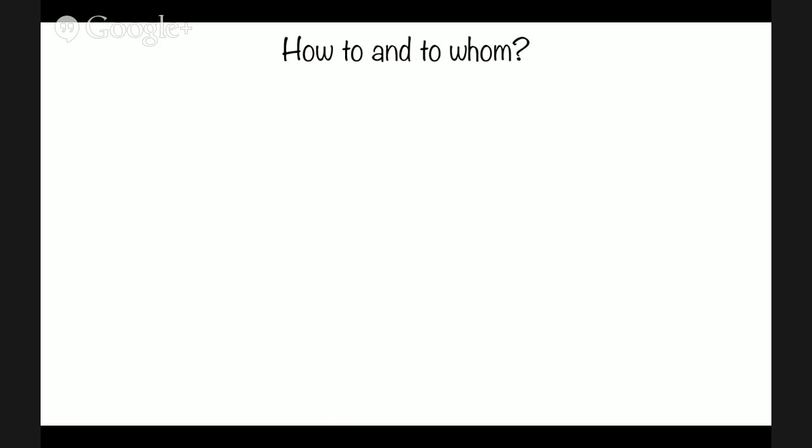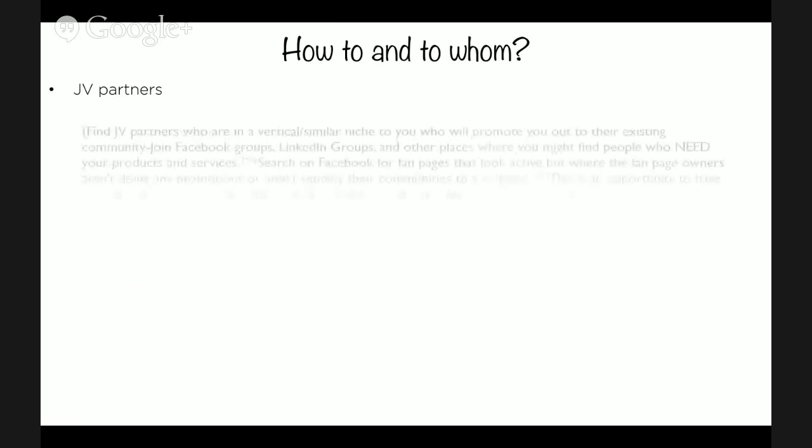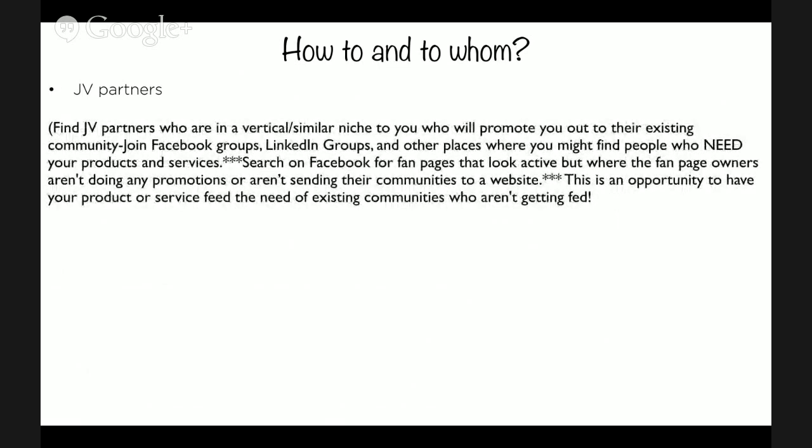How to and to whom? Well, you can also use this four type of blueprint, four type of events for, say, JV partners. If you want to do an event promotion to promote somebody else or they promote you, you can find joint venture partners. You can find them in Facebook groups or LinkedIn groups. Find people that are in a vertical niche as you.